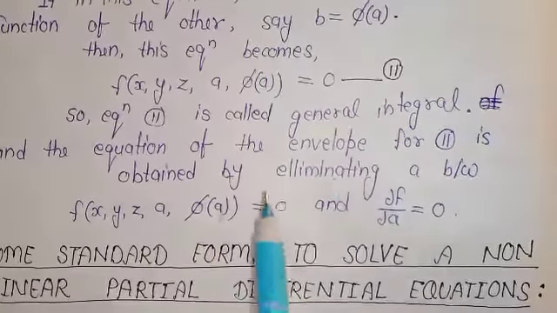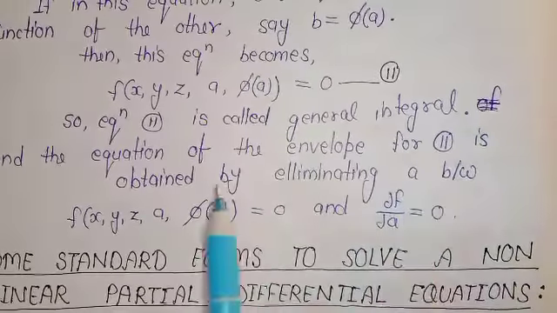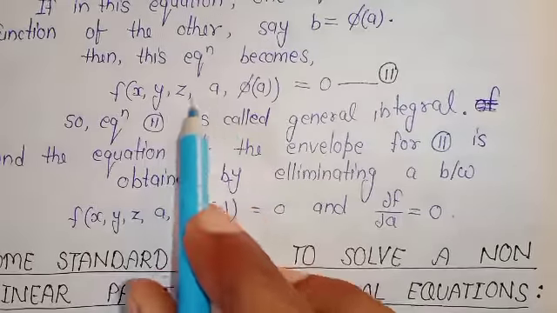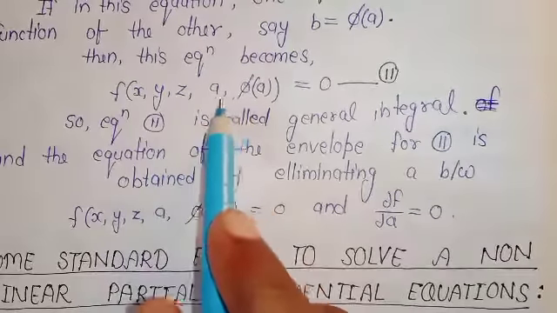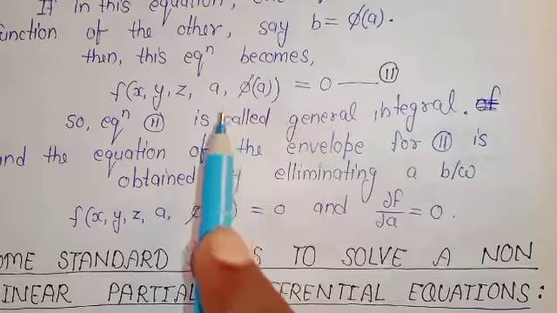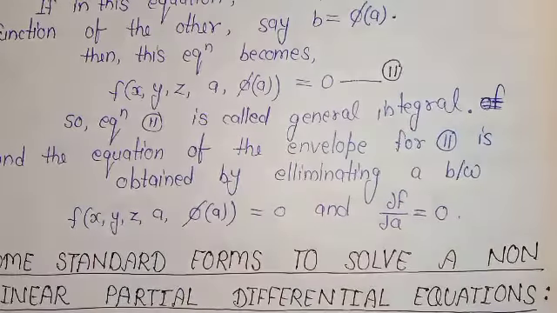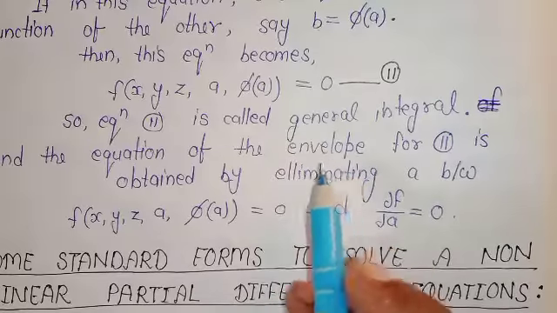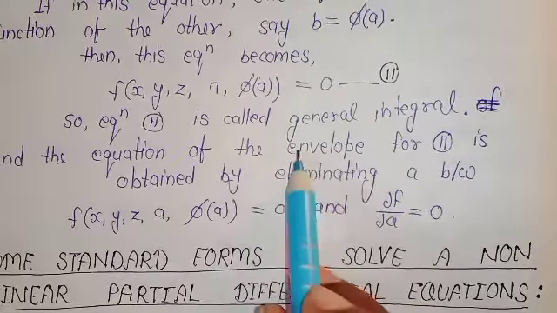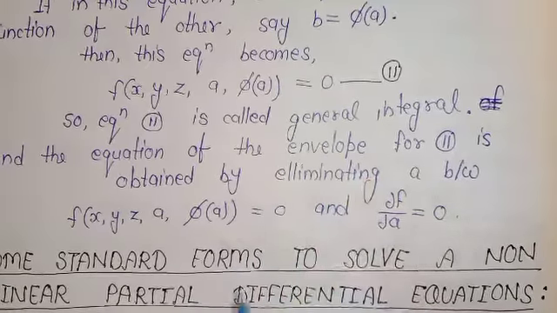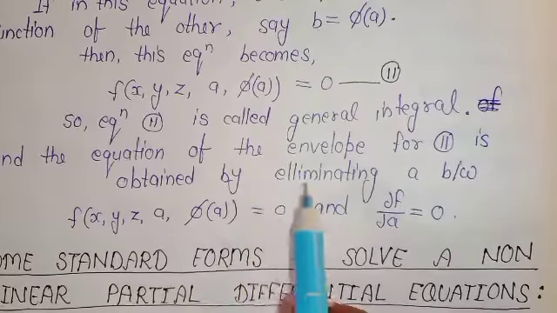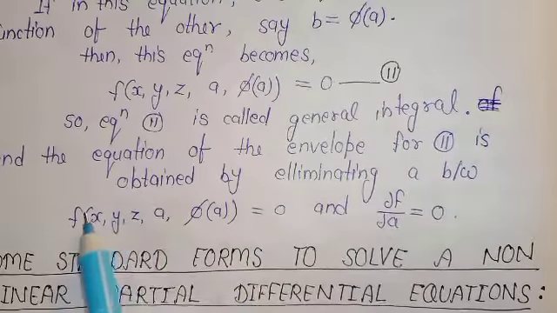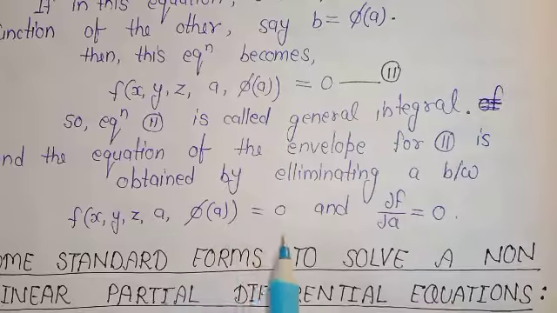Now in order to find the envelope for this equation, firstly we have to differentiate it with respect to a. Since we can see there is only one arbitrary constant, we have to differentiate it with respect to a only, and that is partially. Then we can get the equation of the envelope, which is called the general integral.